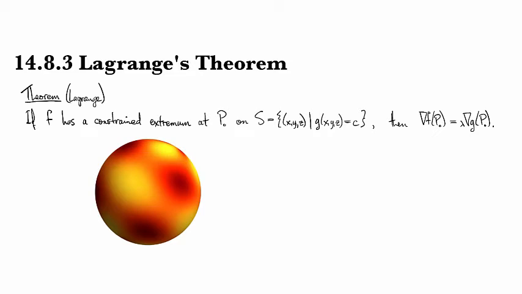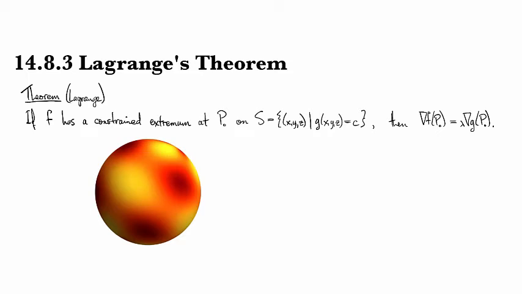If we have a function with a constrained extremum at a point that's located on the level surface of some other function, so that's what we're using as our constraint set, so if we just restrict to looking at the values of f on this level surface, then its maximum or minimum occurs at p naught, then it has to be the case that the gradients of f and g are parallel at that location.